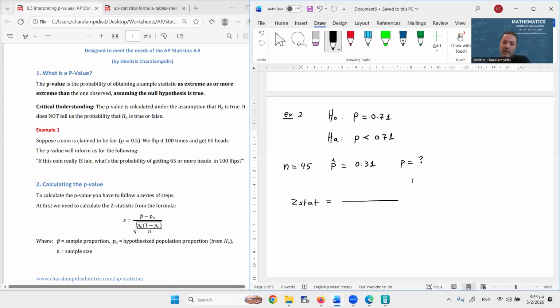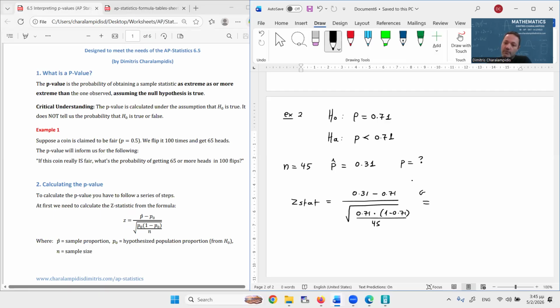So, by plugging in these three in the formula, I get 0.31 minus 0.71 over the square root of 0.71 times 1 minus 0.71, all over 45.